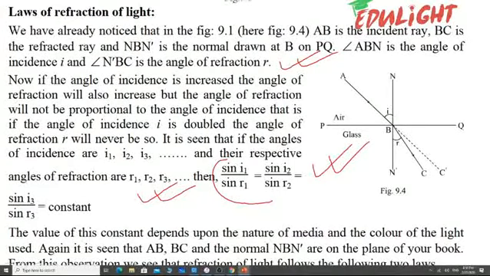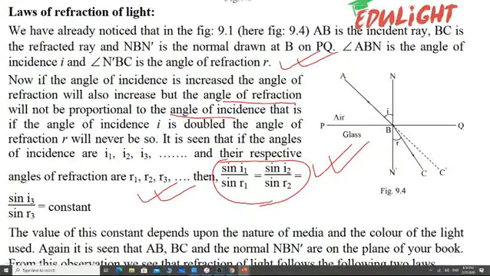Here it is saying that if the angle of incidence is increased, the angle of refraction will also increase, but the angle of refraction will not be proportional to the angle of incidence. Okay, it can be said vice versa.